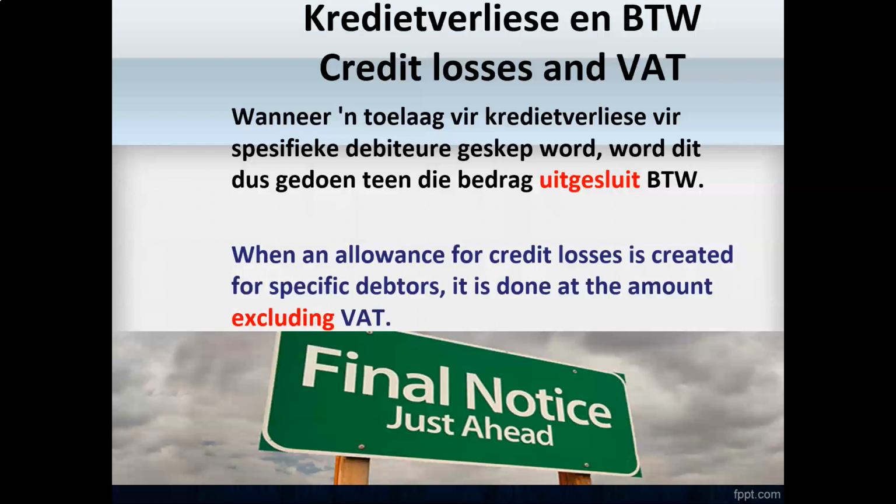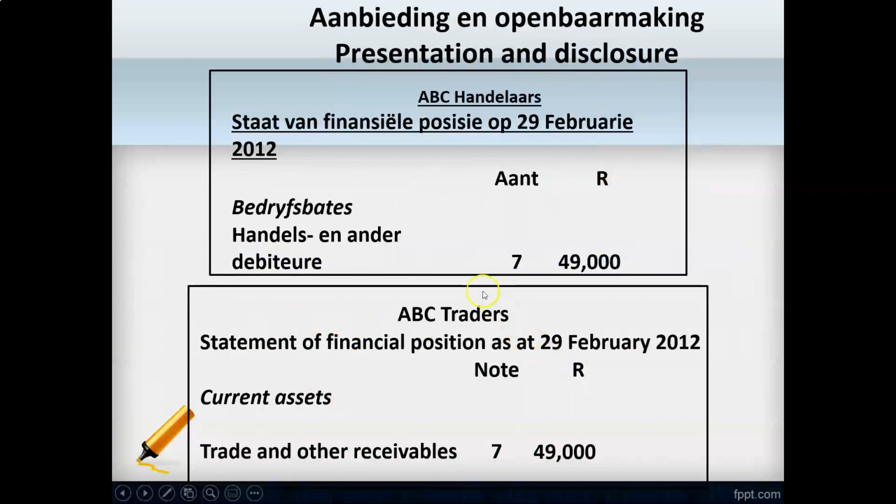So the amount that I'm going to create as an allowance for credit losses is going to be 2174. That is then the 50,000 times 5% divided by 1.15. That gives me the amount. Debit credit losses 2174, credit allowance for credit losses 2174.